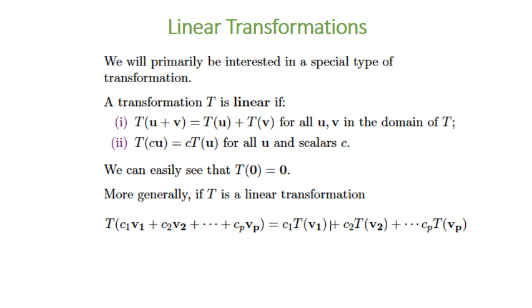Linear transformations. A couple things to mention. Linear transformations preserve the operations of vector addition and scalar multiplication. So we'll say that a transformation is linear if these two things hold: vector addition and scalar multiplication.